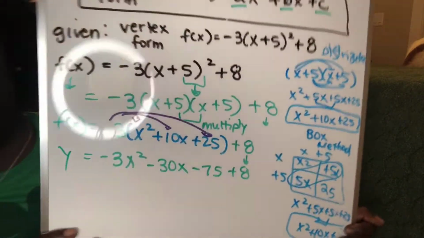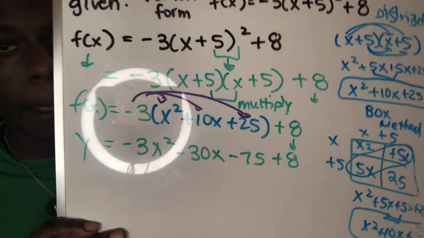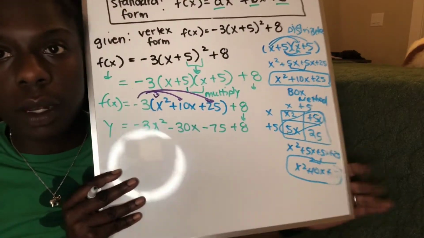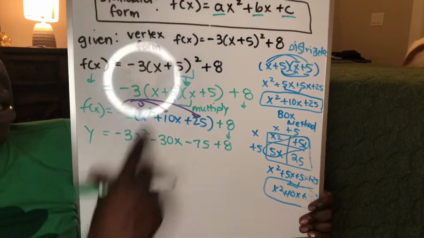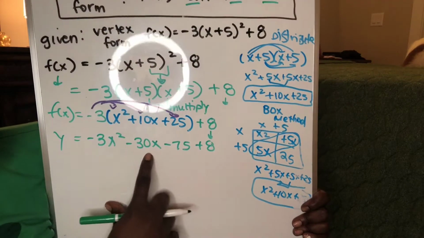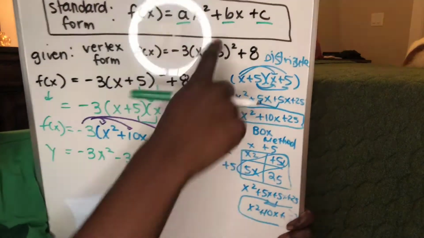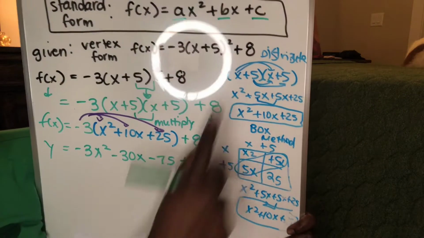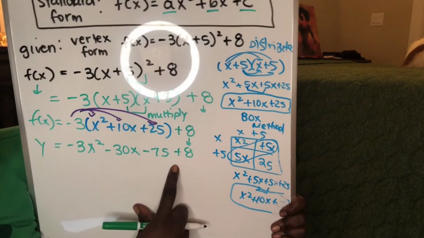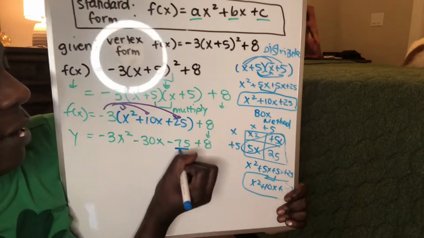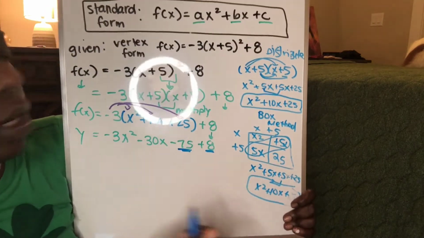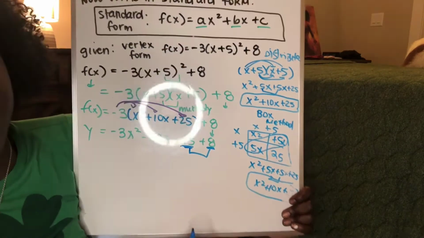And this equals f of x, and I'm going to turn it to y right now because f of x is a lot to write. But we're still not all the way done. Why? Well, we have an ax squared term: negative 3x squared. We have a bx term, negative 30x. But there's supposed to be only one c term, only one number that does not have a variable. Here we have two: negative 75 and 8. Well, what do we do with like terms? We add them.